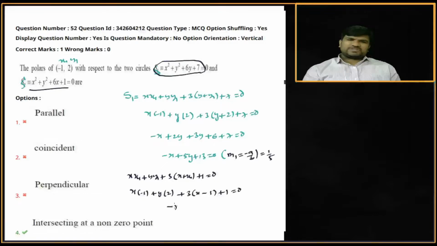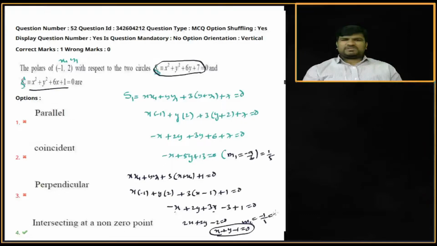So x into minus 1 is minus x, plus 2y, plus 3x minus 3 plus 1 equals 0. So 3x minus x is 2x, plus 2y, minus 3 plus 1 is minus 2. We can divide by 2, so it becomes x plus y minus 1 equals 0. So our second polar is x plus y minus 1 equals 0. Its slope m2, using the formula minus a by b, is minus 1 by 1, which is minus 1.